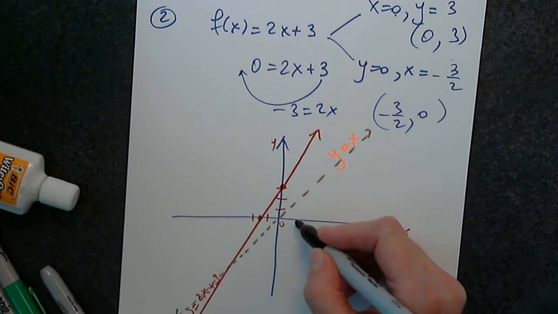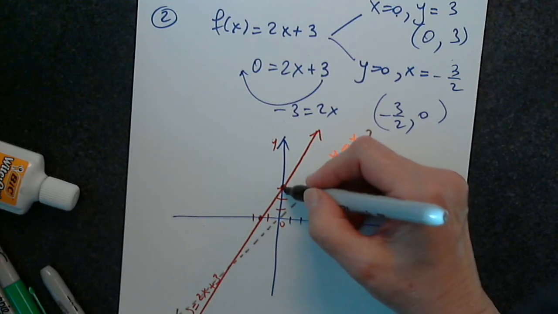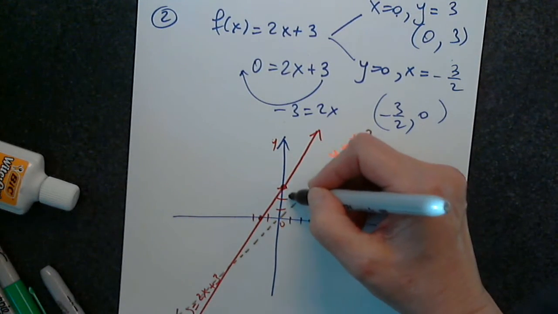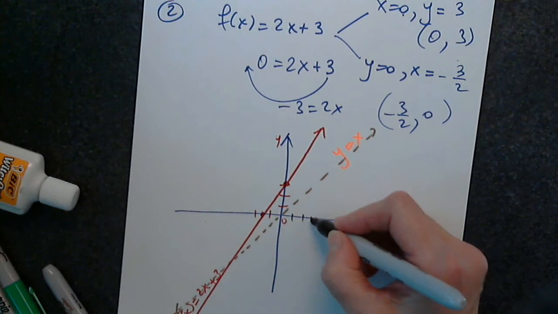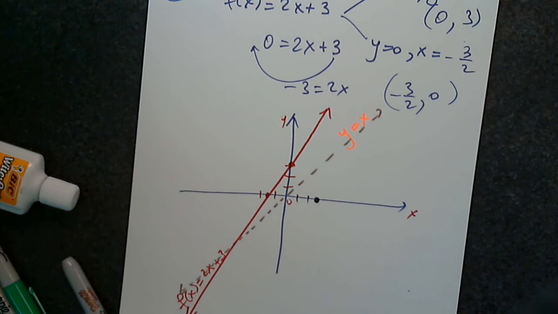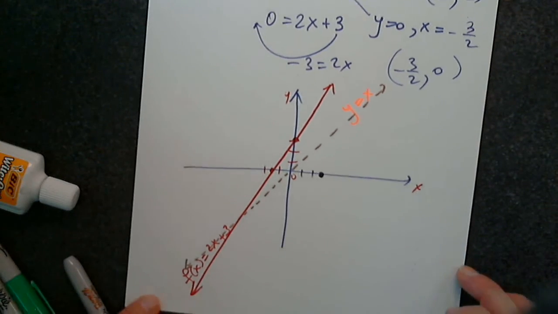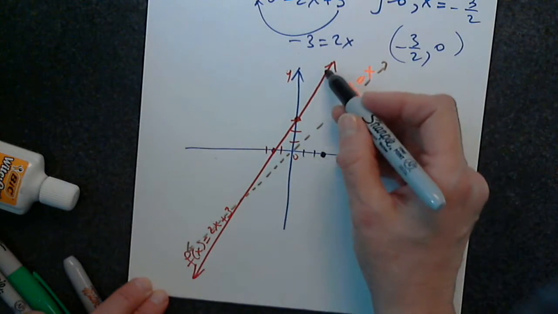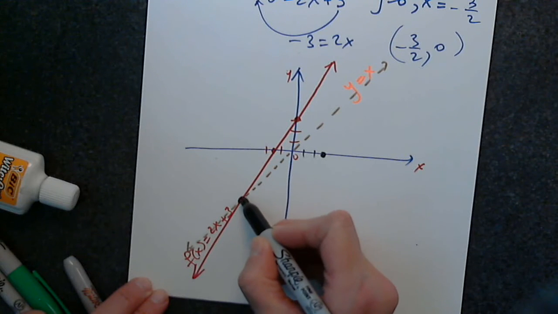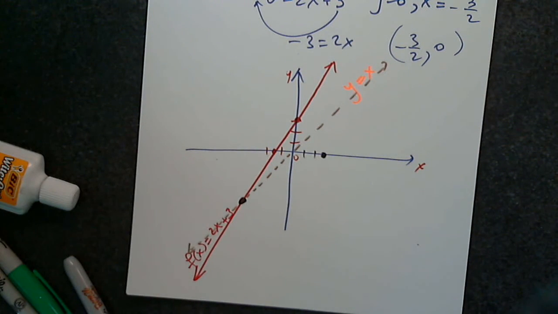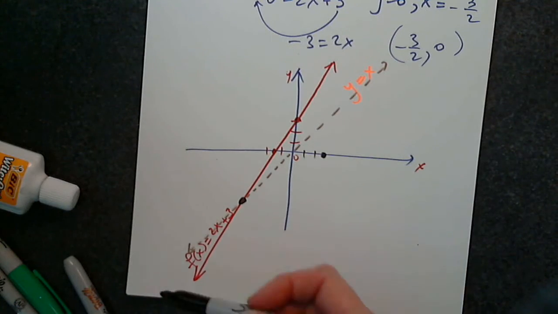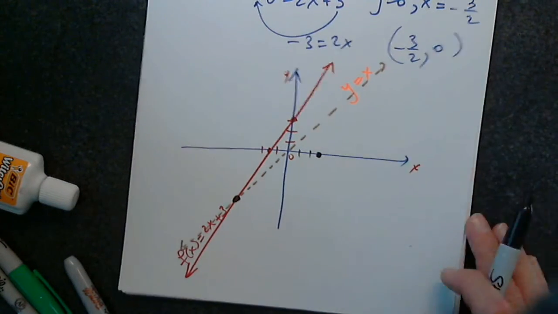Very good. So this is the opposite, the symmetric point with respect to y equals x. Excellent. And I need one more. However, I really don't, because if the function crosses y equals x at this point, you can reverse, because all points on this line have the same x and the same y.